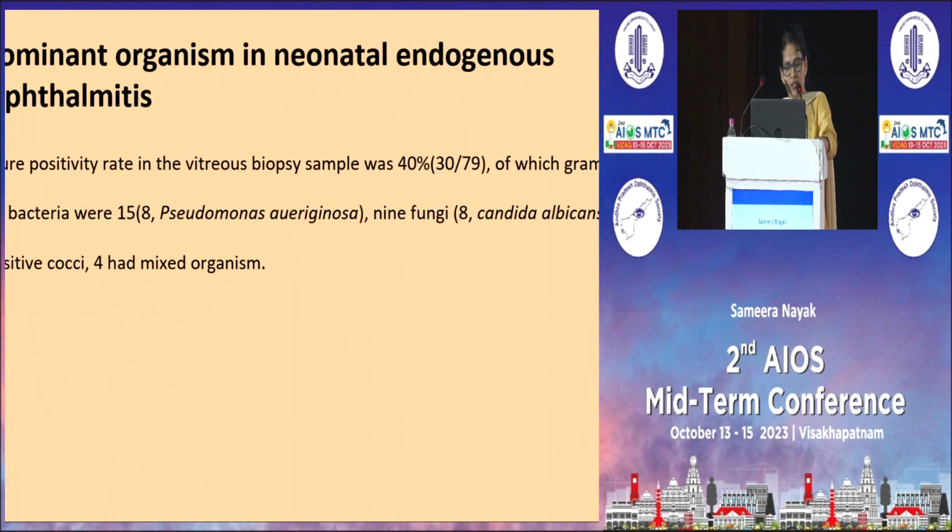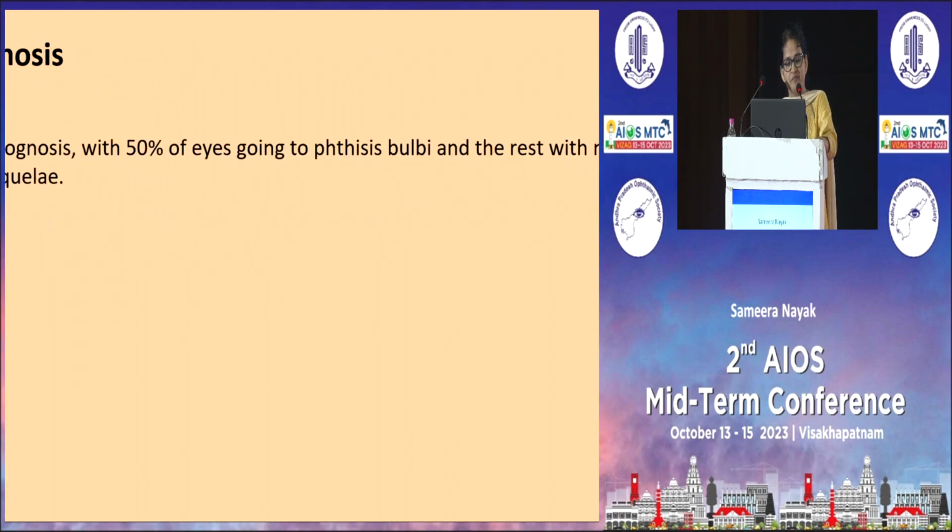The commonest organism was Pseudomonas aeruginosa. We also found fungi as well as gram-positive cocci in the culture, and the culture yield is very low. It was 40%.